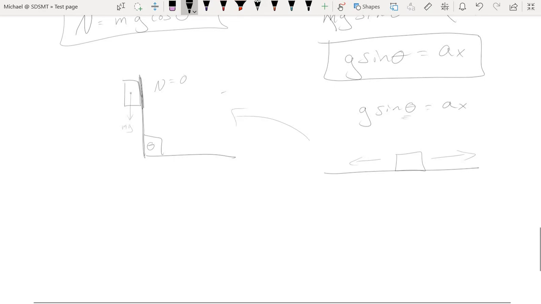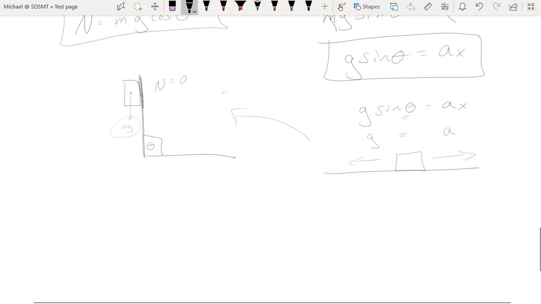If we go over to this situation over here, where theta is equal to 90 degrees, sine of 90 is 1, and so the acceleration that we would experience would be that of gravity, but we kind of already know that.